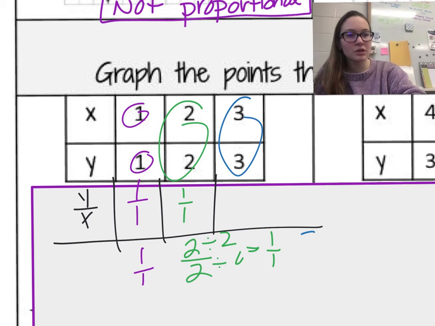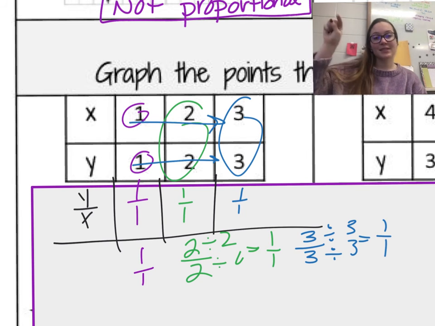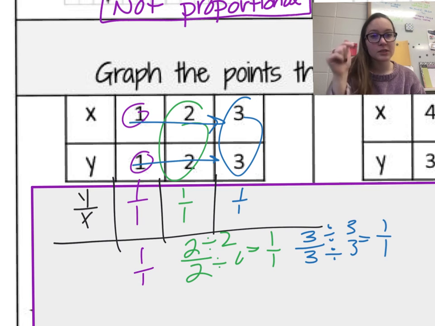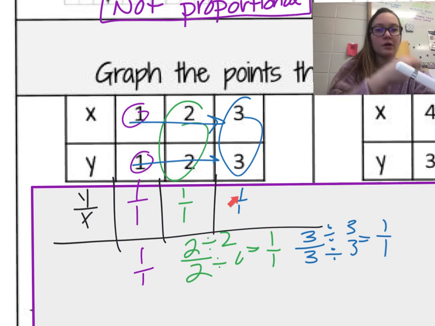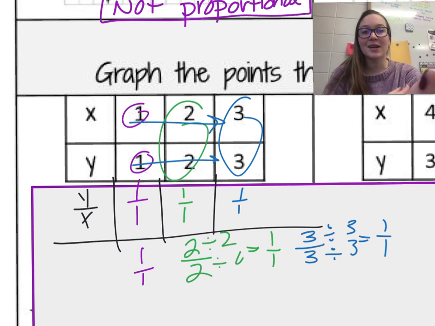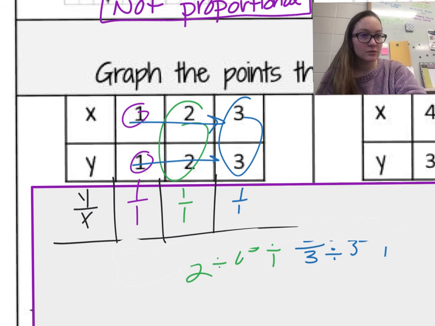Okay, 3 over 3. My y value is 3. My x value is 3. Get 1 over 1. So, since all of those are the same, 1 over 1, 1 over 1, 1 over 1. Since we got the same thing, that means that this is proportional.